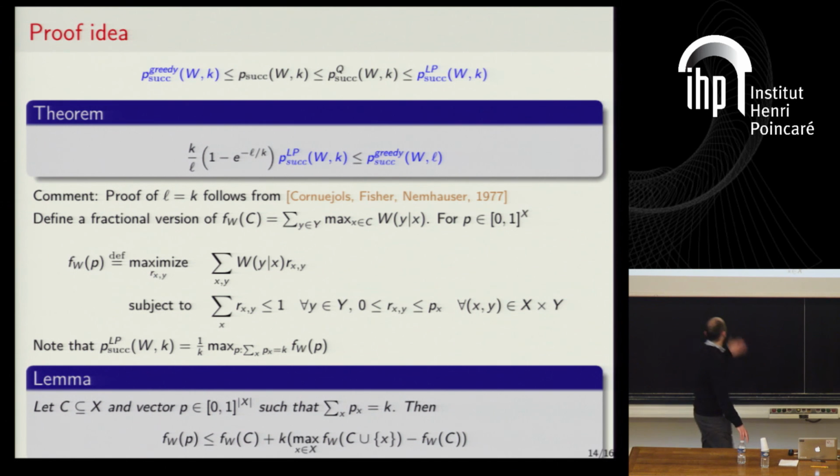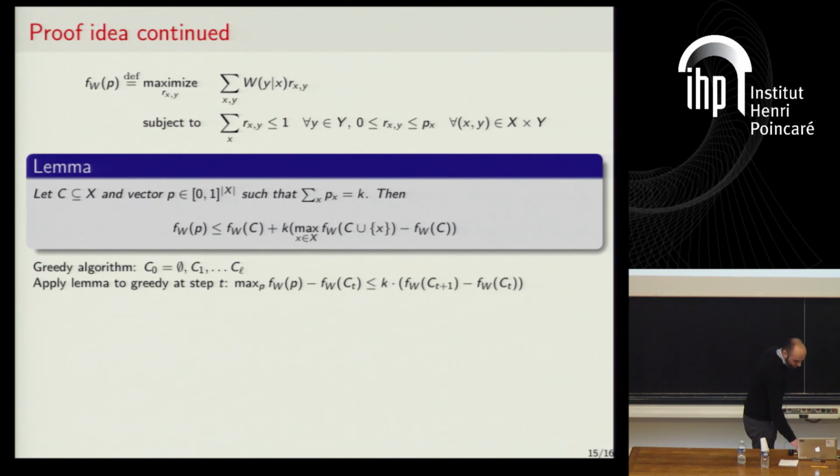And you can show this lemma relating the fractional version of this function to the value it takes on subsets C, for any subset, with a factor of k times whatever you gain by adding an element into this code. I won't go into the proof of this lemma.